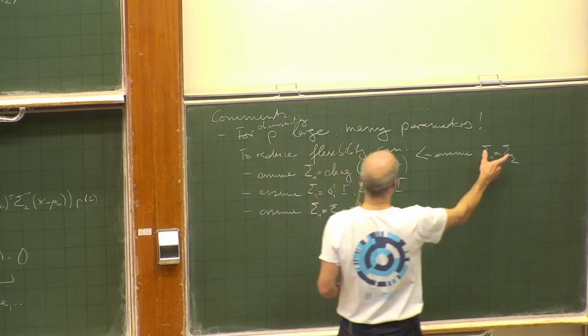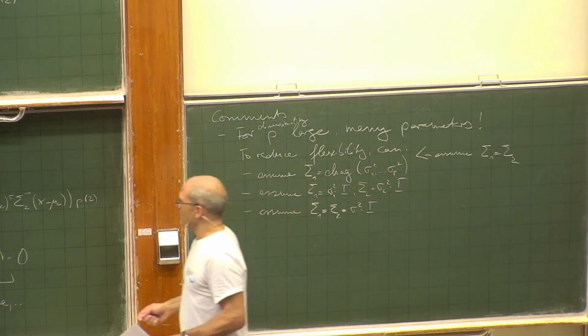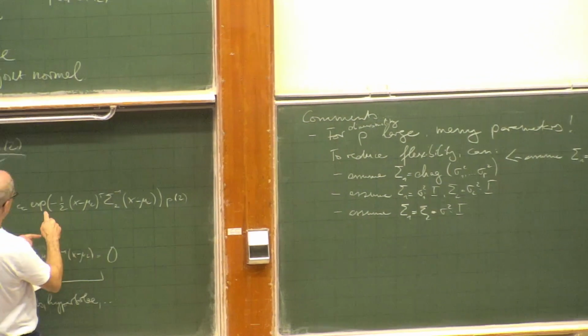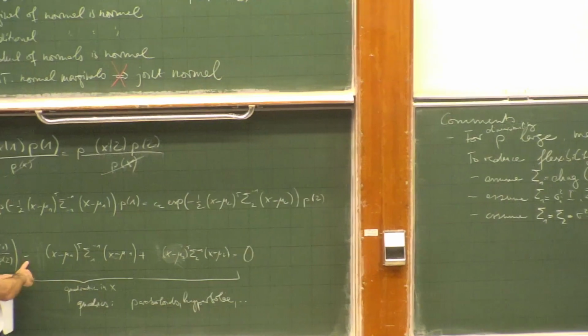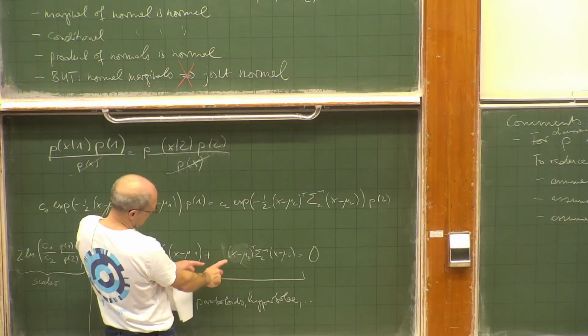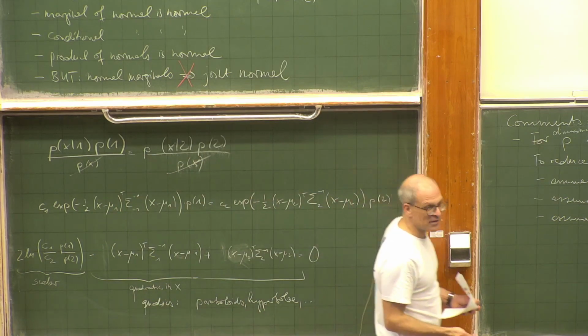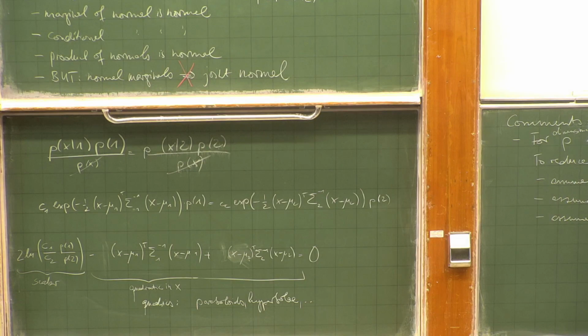And if we assume that sigma 1 equals sigma 2, then here we have this quadratic term, x transpose precision matrix 1 times x. And there was a minus, and then we have the same term with a plus, plus x transpose precision matrix x. And if sigma 1 equals sigma 2, the quadratic term cancels altogether.